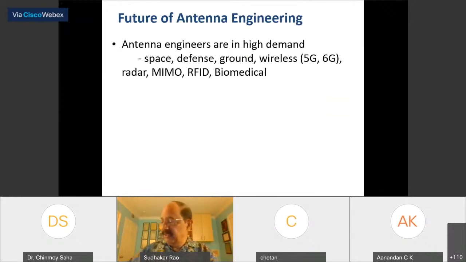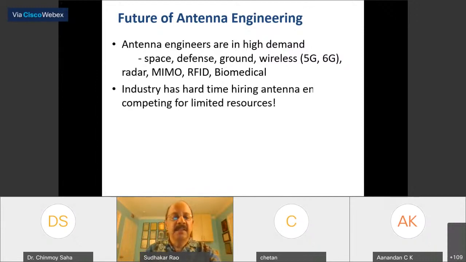Antenna engineers are in very high demand in various industries, not just space, defense, ground, wireless, radars, MIMOs, RFID, biomedical, etc. We actually have a hard time finding antenna engineers because all the companies are competing for limited resources. At least at Northrop Grumman, we tried to hire about 100. Last year, we tried to hire about 50 engineers, but we got only, I think, about 7 or 8.